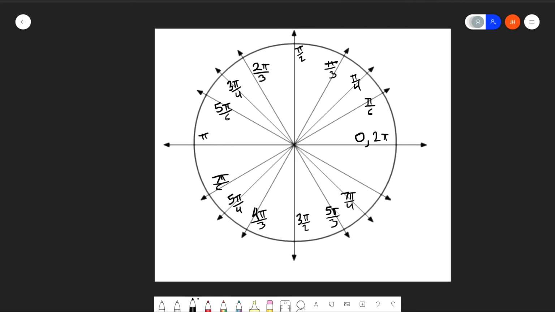Finally, 11 pi over 6. Now, these are all the angle measurements around the unit circle in terms of radians.